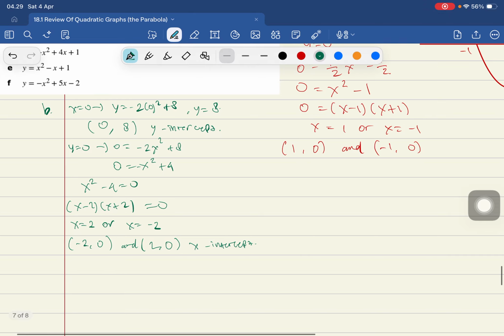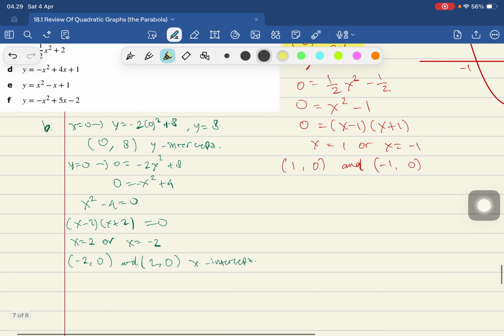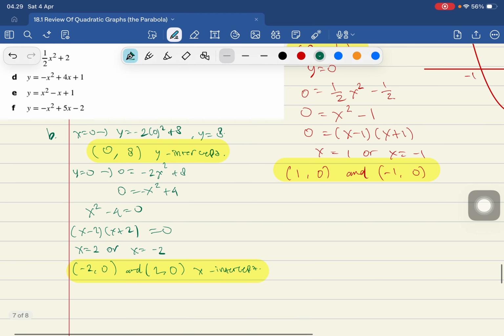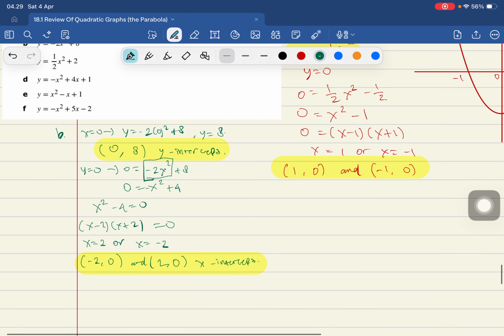Okay, let us draw the graph. So here are the key points we got, the y-intercept and then the x-intercepts. And as the coefficient of x squared is negative, the graph is going to be like this, not look like a U, but opposite.